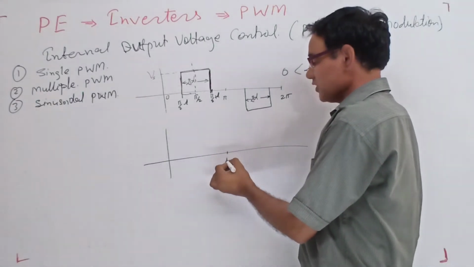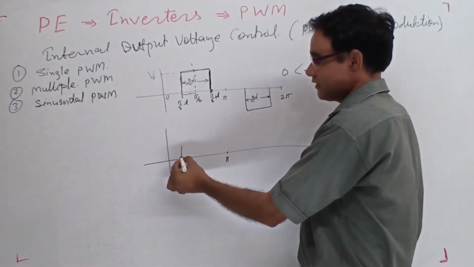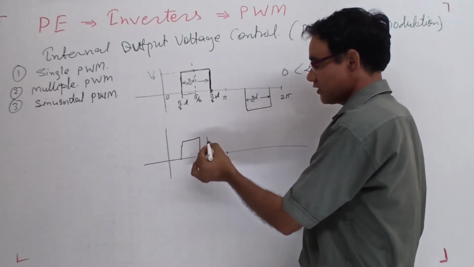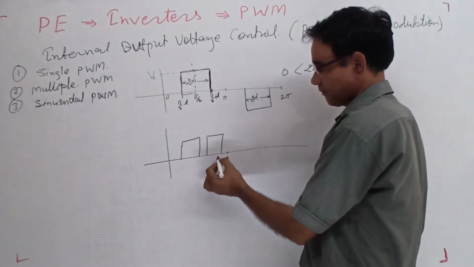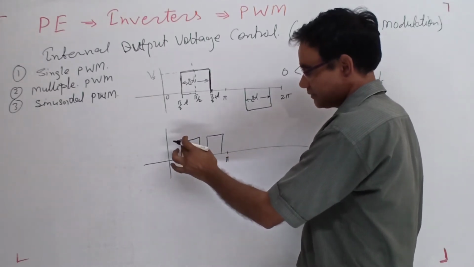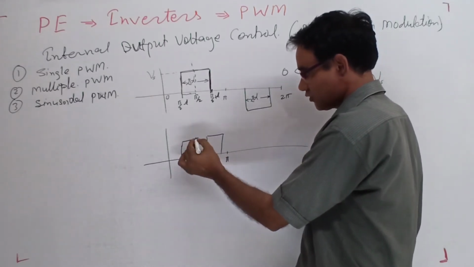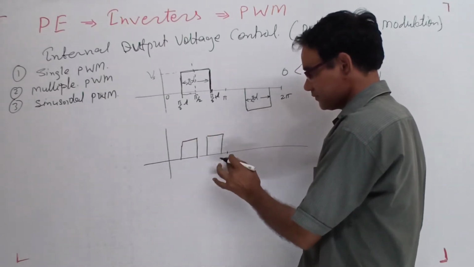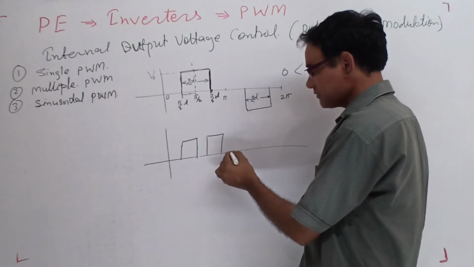Multiple pulse width modulation means there may be 2 pulses, 3 pulses, or a multiple number of pulses. Here we are taking 2 pulses only. The pulses are for the same interval, and the gaps in between are the same.